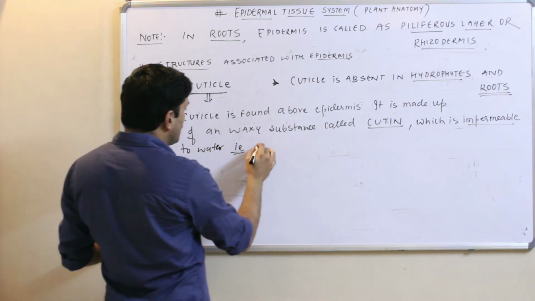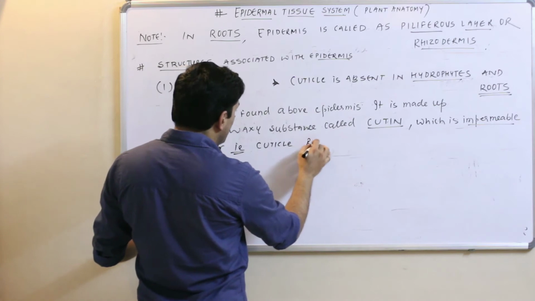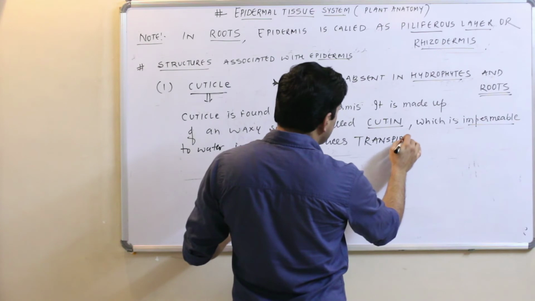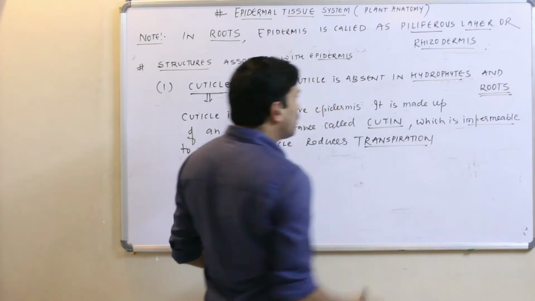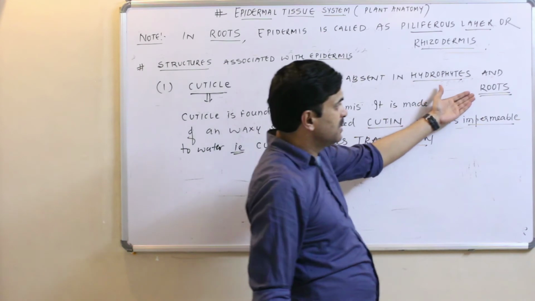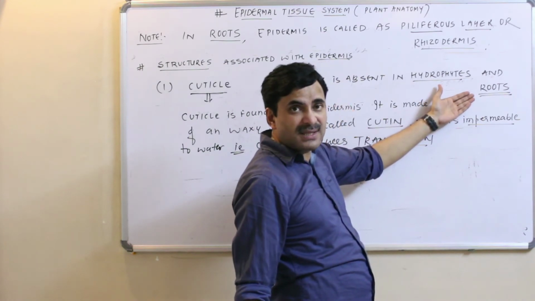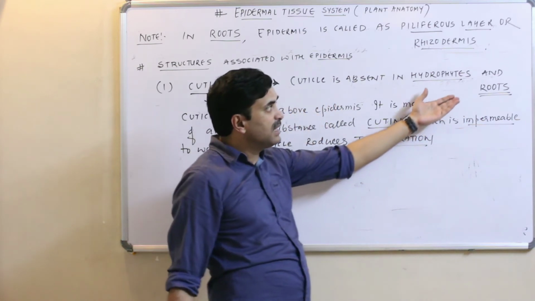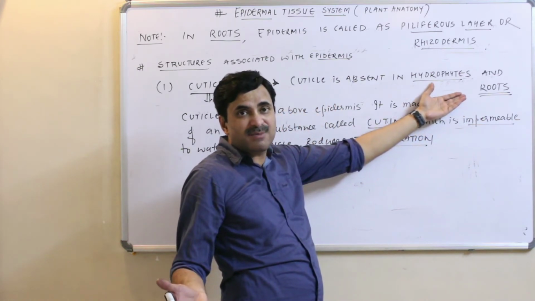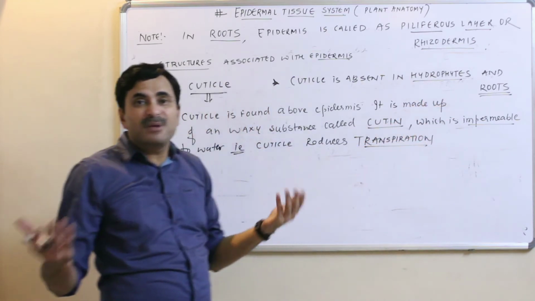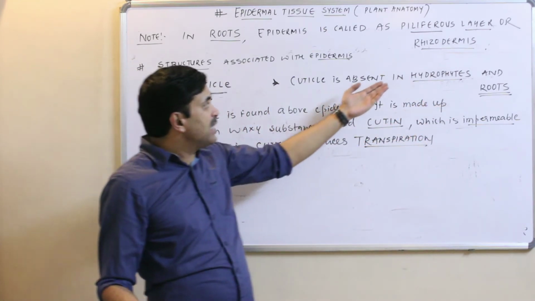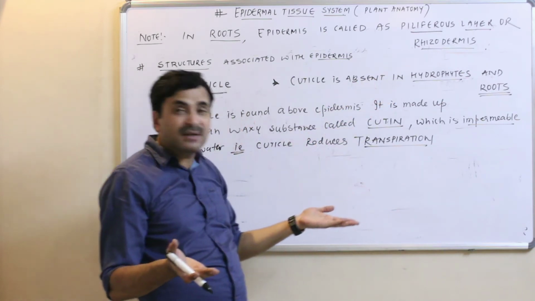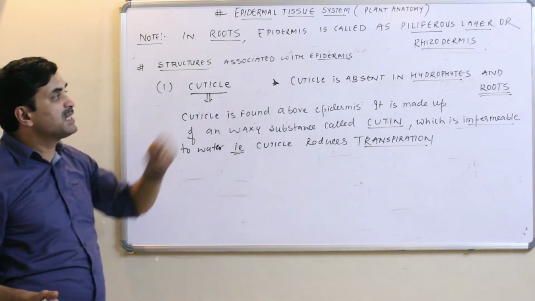That is, cuticle reduces transpiration. You know now what transpiration is: loss of water in the form of water vapor. Now roots are underground and stomata are not there, so they don't have to reduce transpiration. In the case of roots, there is no use of reducing transpiration because stomata are absent and there will be no transpiration, hence there is no cuticle. Hydrophytes are already in the water. They don't have to save water. So cuticle is absent in them.